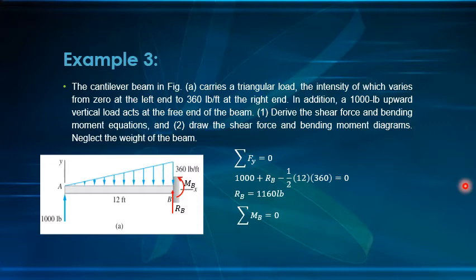Next, we're going to do summation moment at B equal to 0. That will give us 1,000 multiplied by 12 minus your moment at B, negative kasi counterclockwise, minus your 1/2, 12 times 360 multiplied by 4. Paano nakuha itong 4 class?